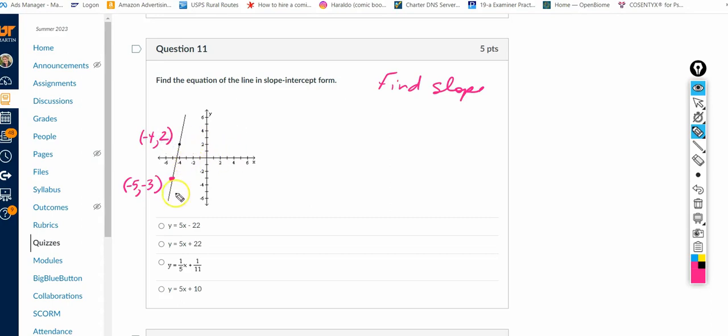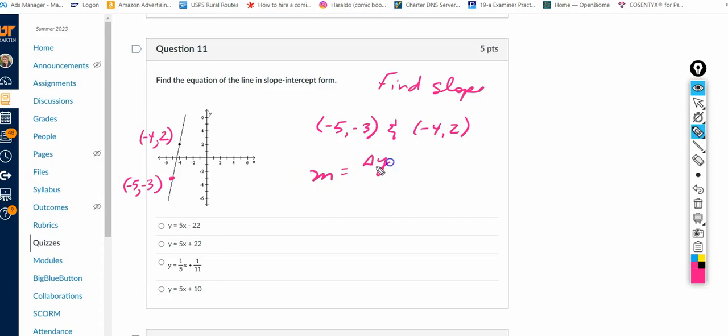And I can see that this line has positive slope. As I move from left to right, I'm going uphill. So when it's in this form, then it doesn't make any difference. Okay, so let's get the slope. Now, my 2 points, and it doesn't matter the order that I list them in as long as I calculate the slope correctly.